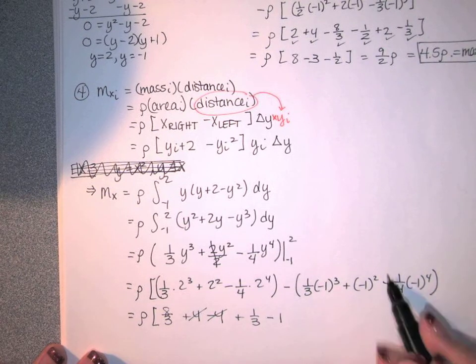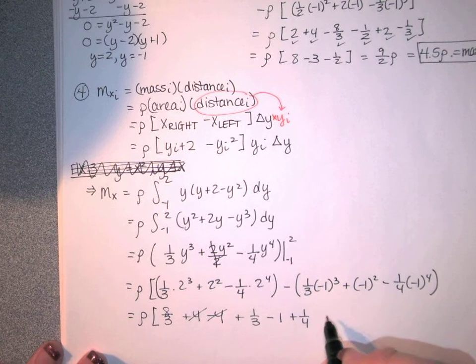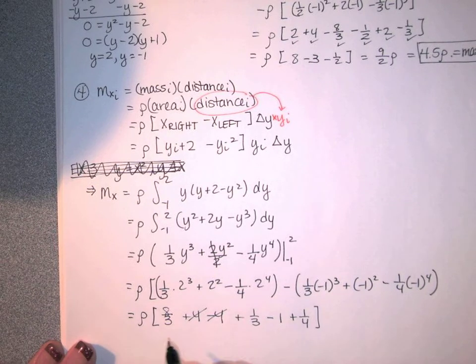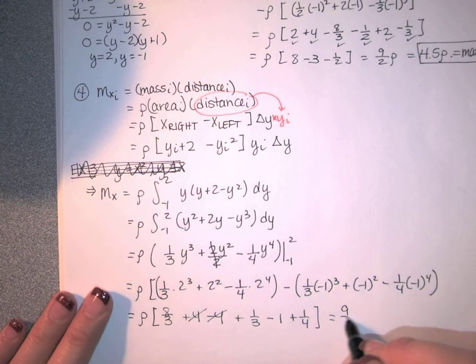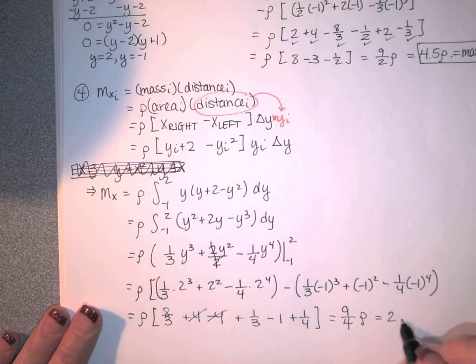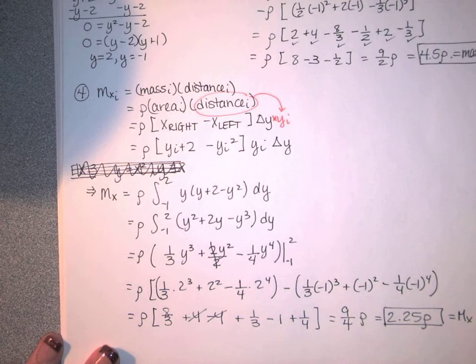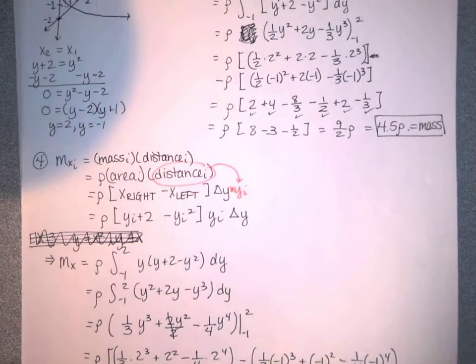And this is -1/4, because positive times a negative is negative, times the negative makes it a positive. So 8/3 plus 1/3 is 9/3, so that's 3. 3 minus 1 is 2, so I've got 2 1/4, which is 9/4 times rho, or 2.25 rho. Okay, that's the moment about the x-axis. Let's do the moment about the y-axis now.